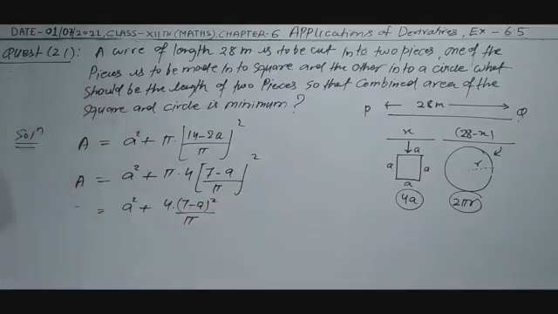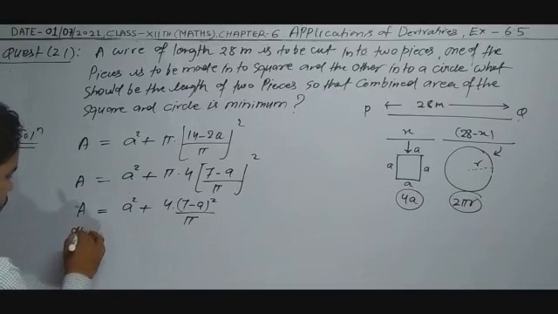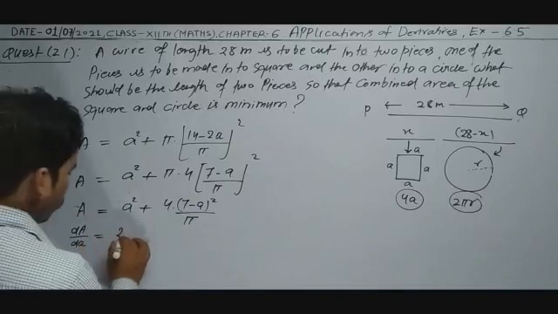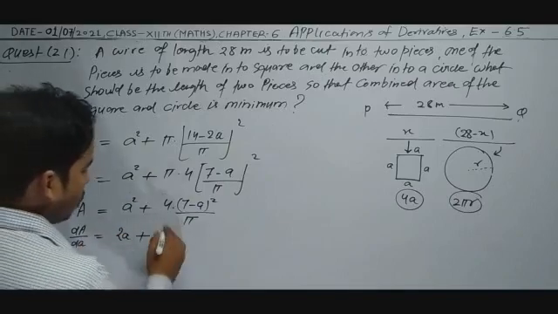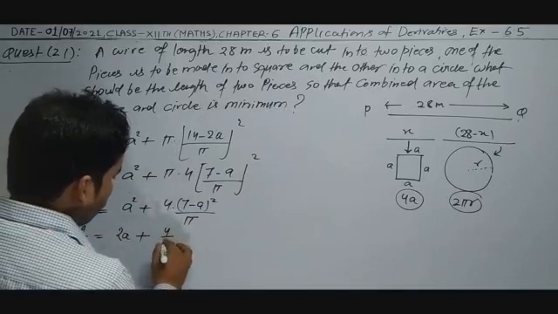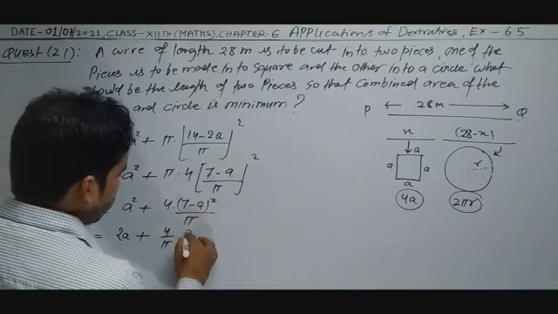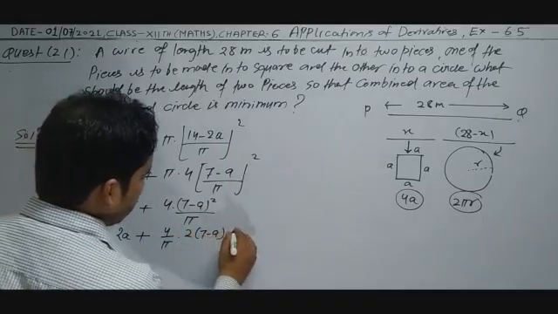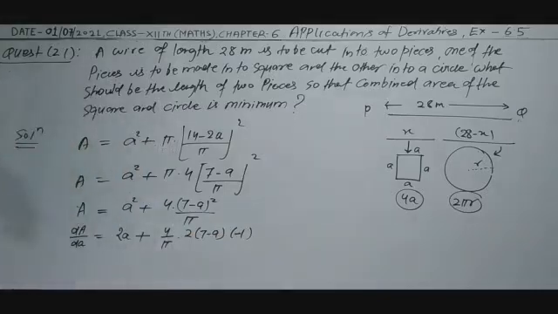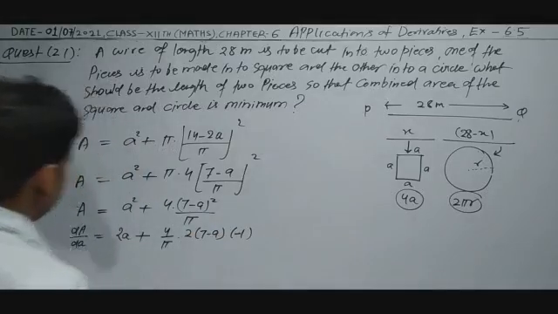So we have to differentiate dA by da. What will be the result? It is 2a plus 4 by pi times 2 times 7 minus a with minus 1. So this is the calculation of dA upon da.